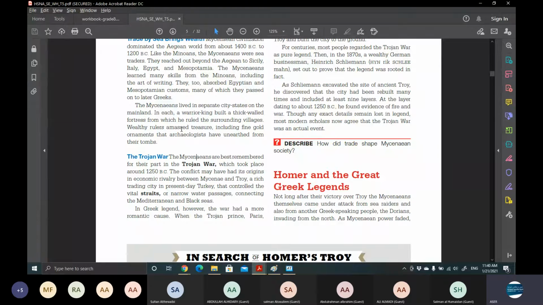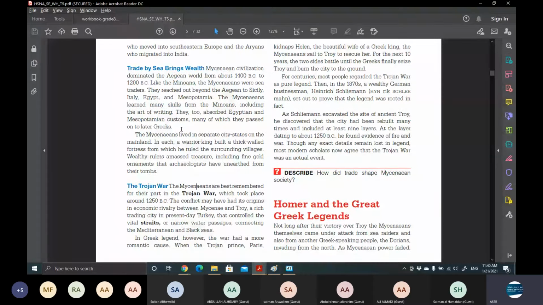And another one, in the legend, is that the prince of Troy, whose name was Paris, kidnapped Helen, the wife of a Greek king, and took her back to Troy. So that Greek king asked for the help of his brother, a Dorian king, and both of them marched toward Troy in order to get Helen back.